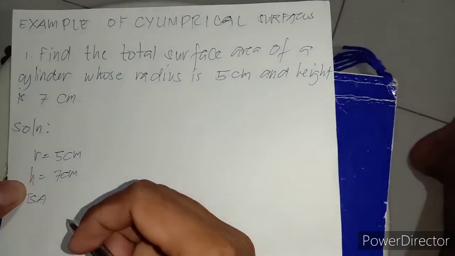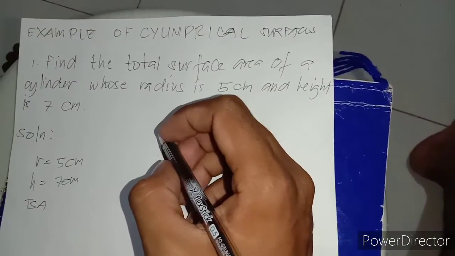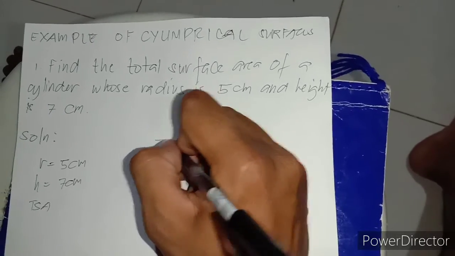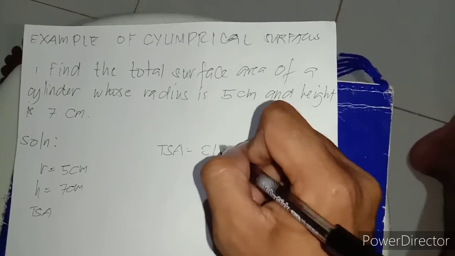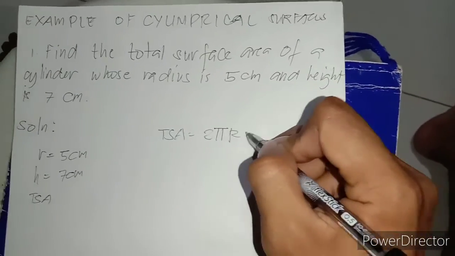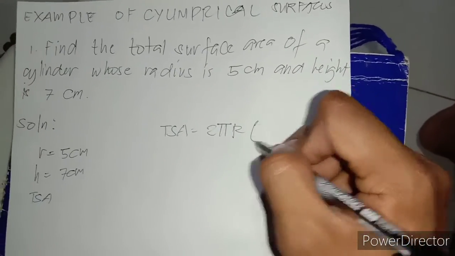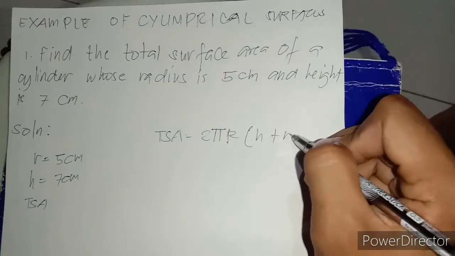To solve it, we have the formula TSA equals 2 pi R times (height plus radius).